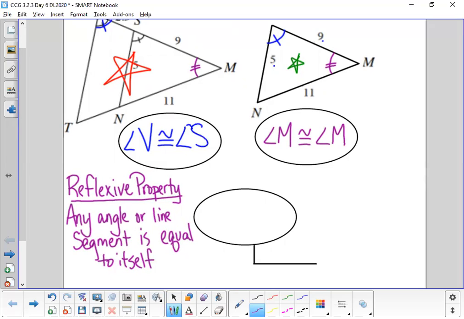Anytime you have nested triangles like we have here, you're usually going to be able to use the reflexive property to say that the angles are equal to each other.